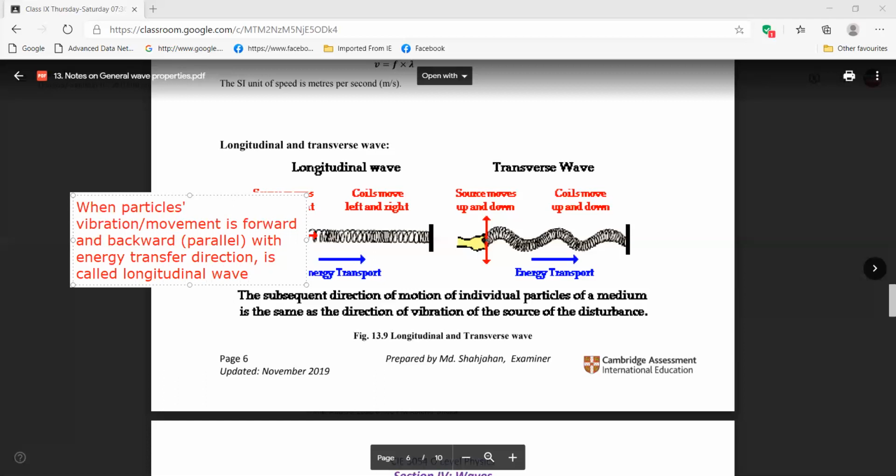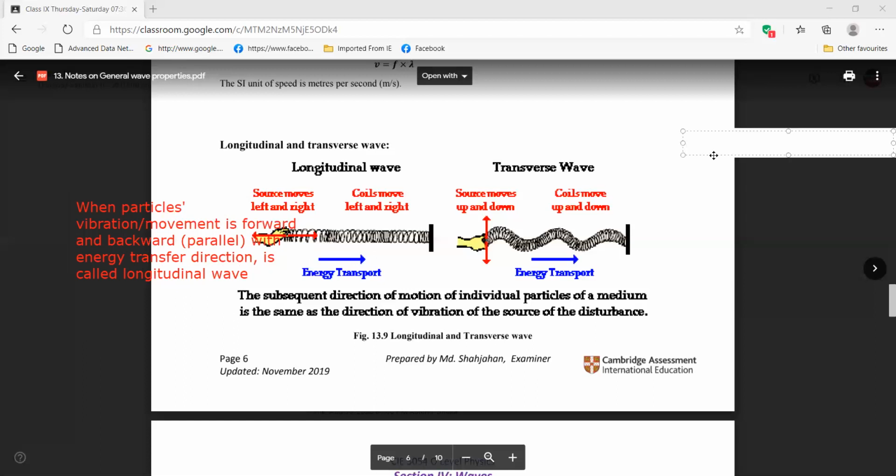So is it clear? It is called longitudinal wave, and here we'll write the opposite.